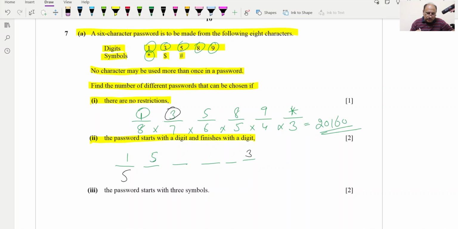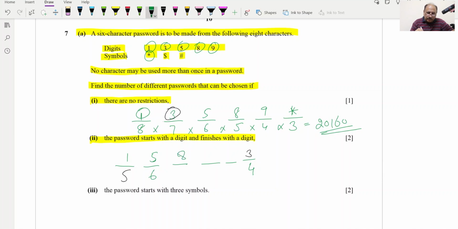Let us do it again. First will be 1, which has 5 options, and the last digit will have 4 options because there are 4 remaining numbers. The middle number can be a digit or a symbol, so it will have 3 options from digits and 3 options from symbols, so 6 options.